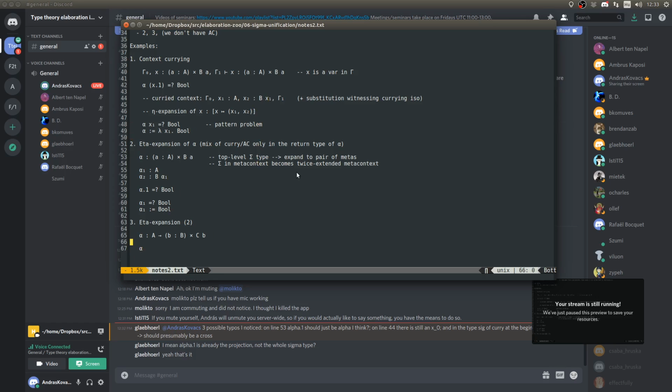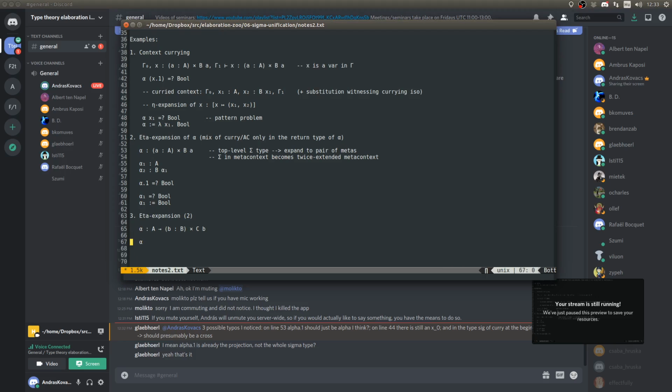So let's do this other example for eta expansion, but now we have a meta, which is a function returning a sigma. So now we can have a problem like alpha x, and then alpha x is projected.